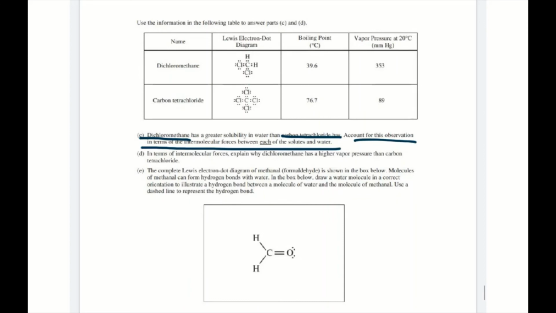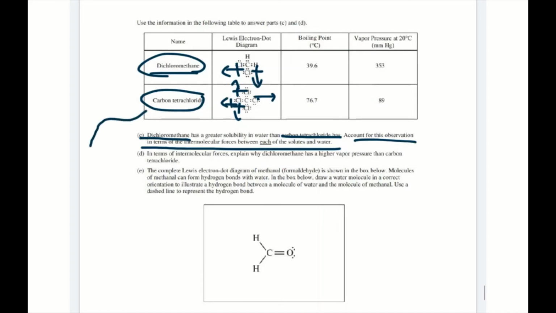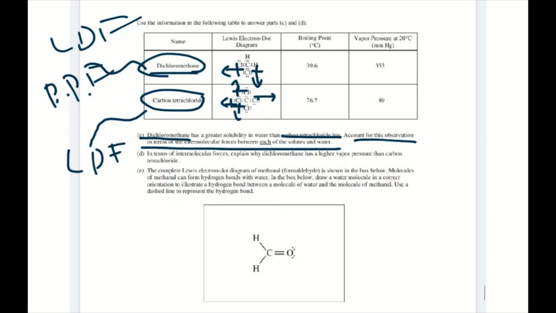So, in this question, it says that dichloromethane, which looks like it's polar since it has these bond dipoles here, is more soluble in water than carbon tetrachloride, which seems to be nonpolar because all the bond dipoles seem to cancel out. So we can say that CCl4 has only LDF, while dichloromethane has LDF and dipole-dipole forces.